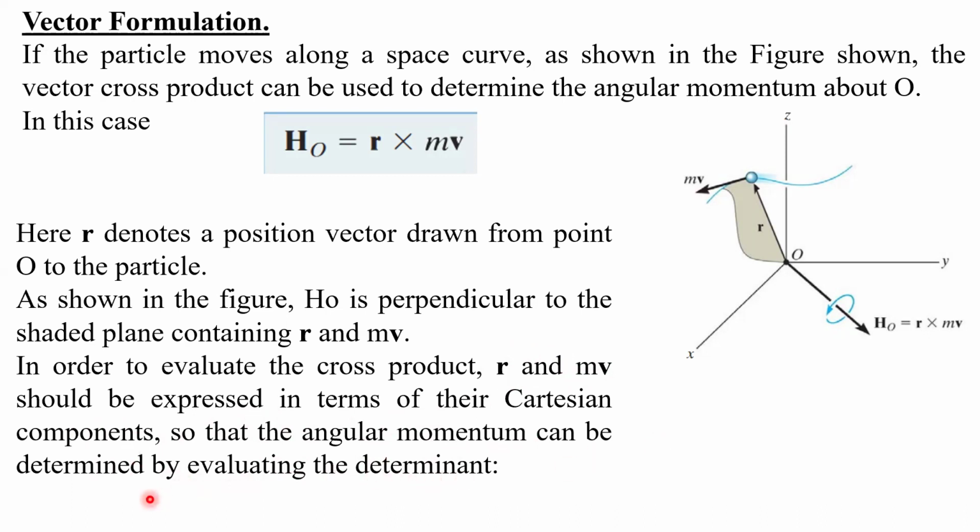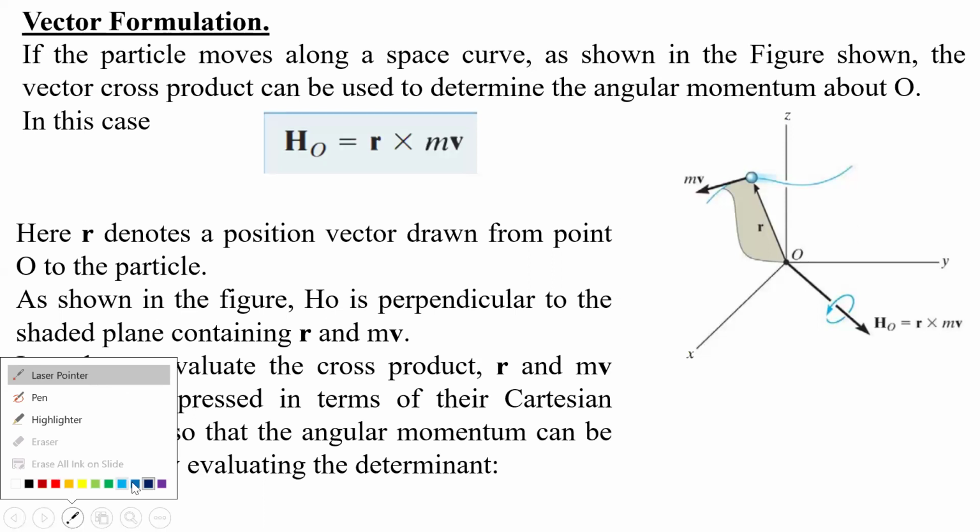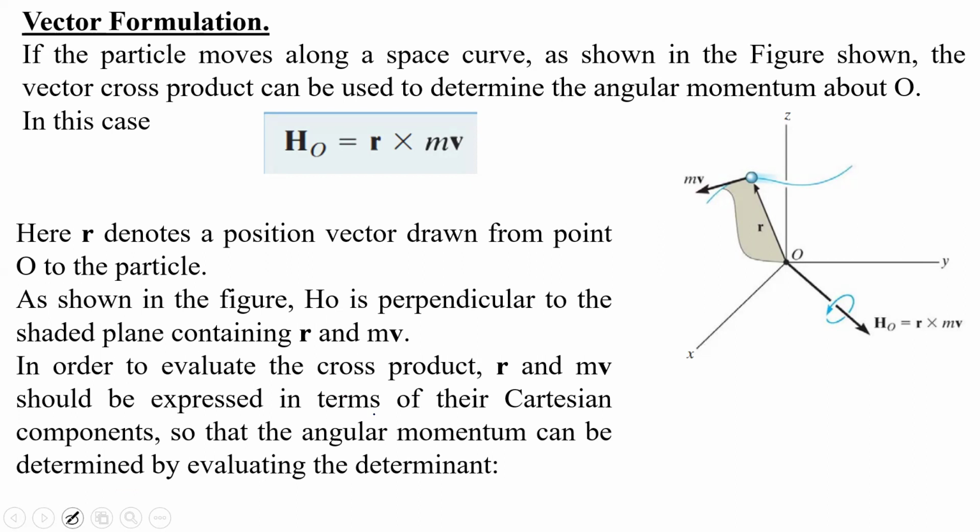We know that r will be r_x i plus r_y j plus r_z k. v will be v_x i plus v_y j plus v_z k.